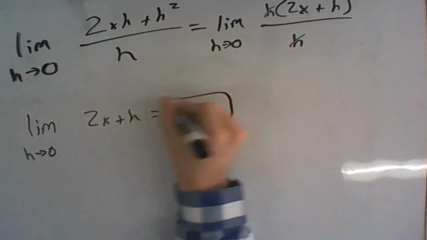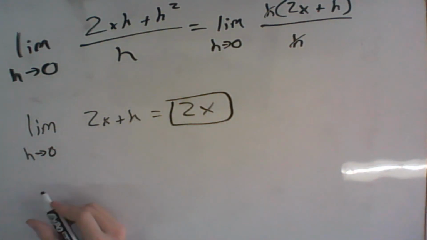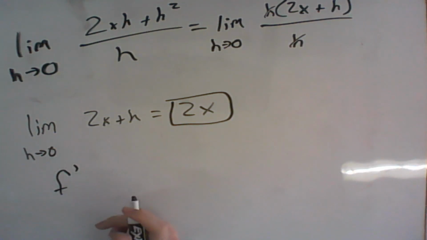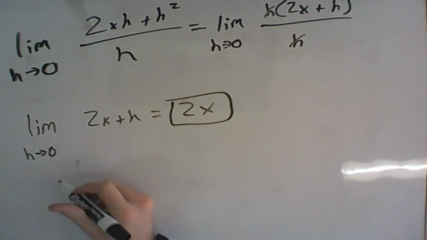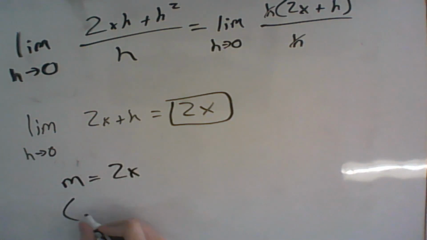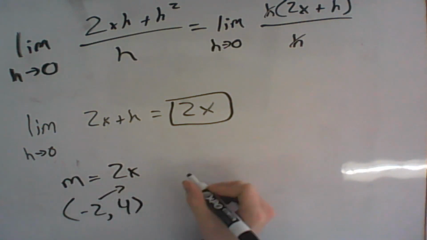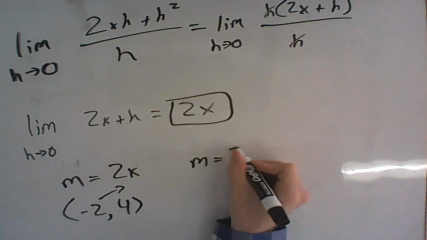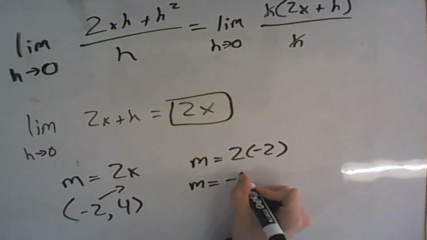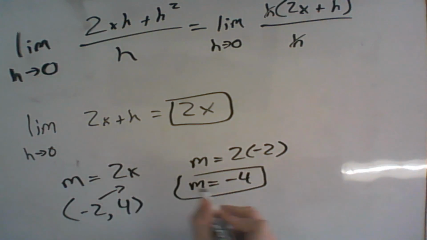So this is going to be our slope at a point, m equals 2x, and if we have the point negative 2 comma 4, we just plug in negative 2 for x, so m equals 2 times negative 2, so m equals negative 4. Okay, and that's your two solutions right there.